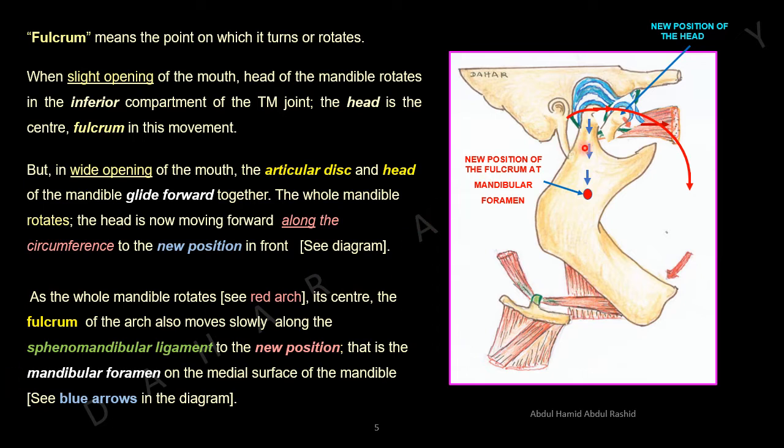As you know, at first the fulcrum was here, but later when the whole mandible rotates, the fulcrum is no more there. Fulcrum becomes center of this arch. Then this is the place. It moves down along the sphenomandibular ligament, finally reaching the new place at the mandibular foramen on the medial surface of the mandible.